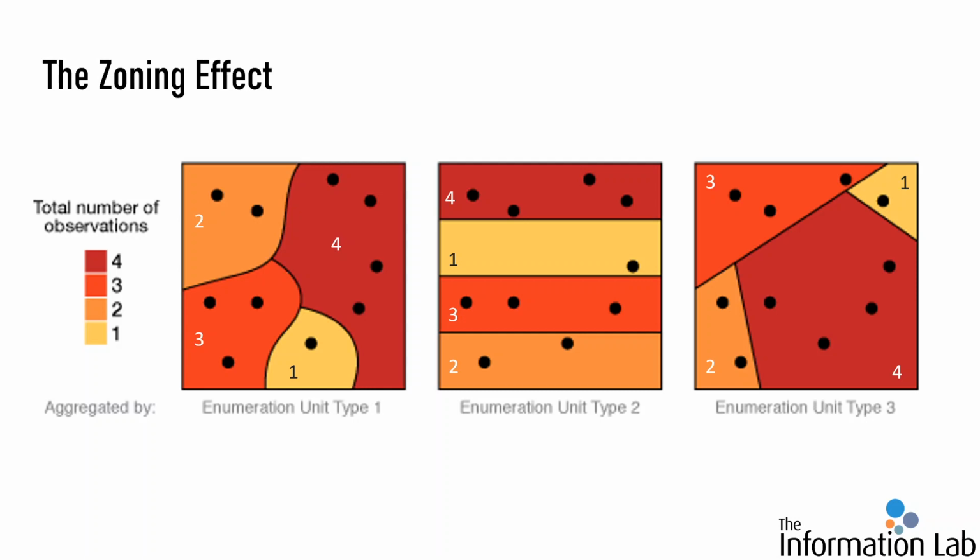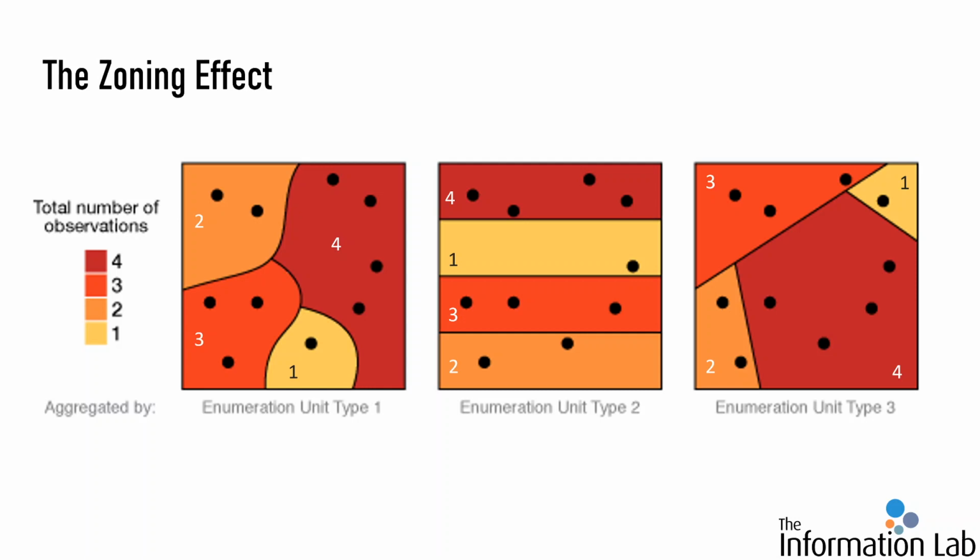And in order for us to move our analysis forward, we're going to have to pick one. You might be in a situation where the decision about which areas to pick for aggregation is not your own. But either way, it's crucial to keep in mind that any pattern we see in a map may be as much a reflection of the choice of our boundaries rather than the underlying data itself.